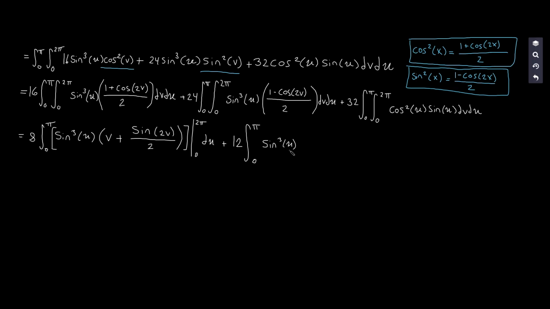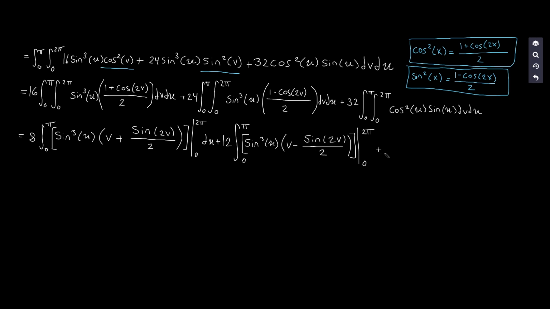I took out that 1/2, so it's going to be 1 minus cosine of 2v, which is going to become v minus sine of 2v over 2, from 0 to 2 pi as well.